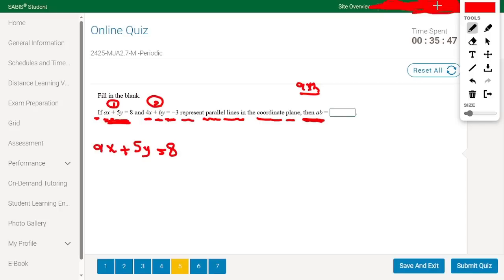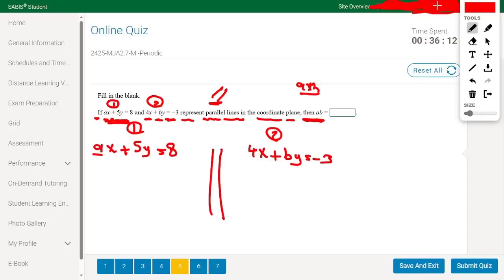And for line 2, we have 4x plus by equals minus 3. Right, so we have two constants, a and b, and we need to get them. Now here it is mentioned that these two lines are parallel, so the slopes are equal, right?